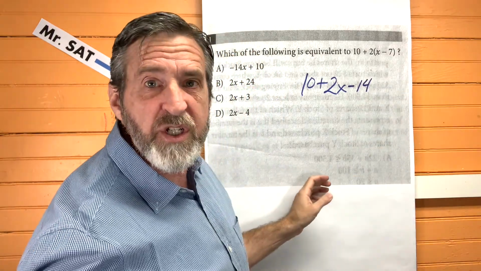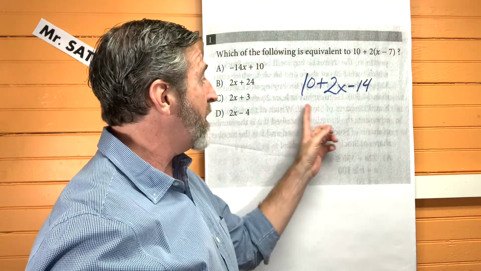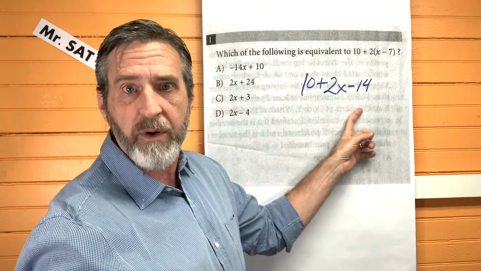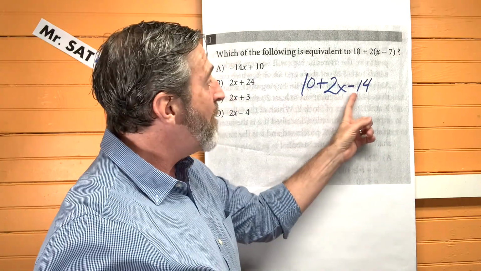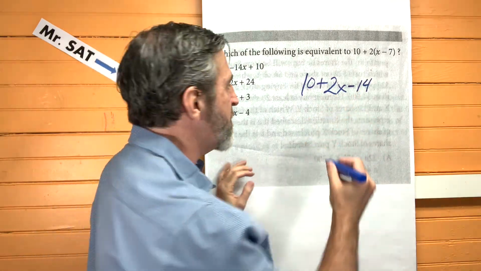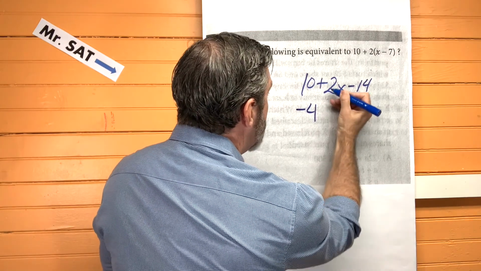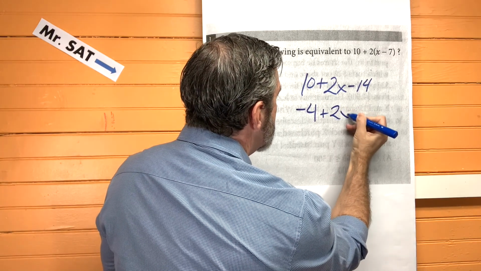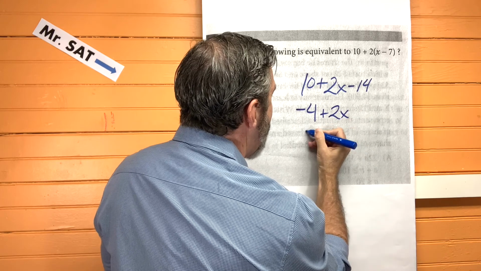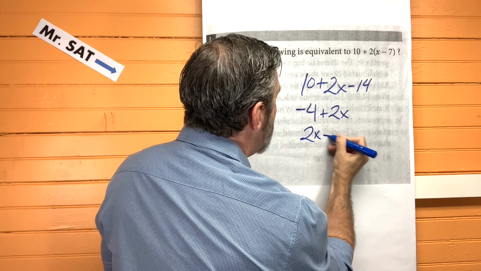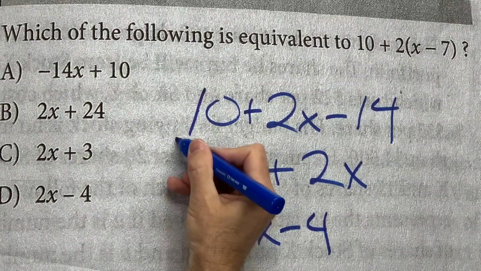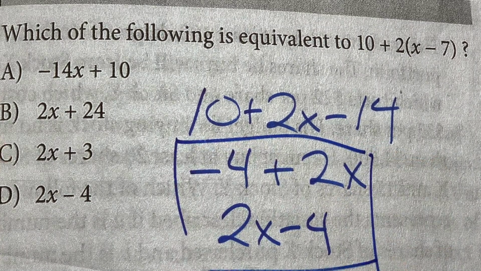Now what we're going to do is just combine like terms, and the only like terms here are the 2 numbers. Let's combine them. 10 minus 14 is minus 4, plus 2x. Now this can also be written as 2x minus 4. So either of these will be correct.